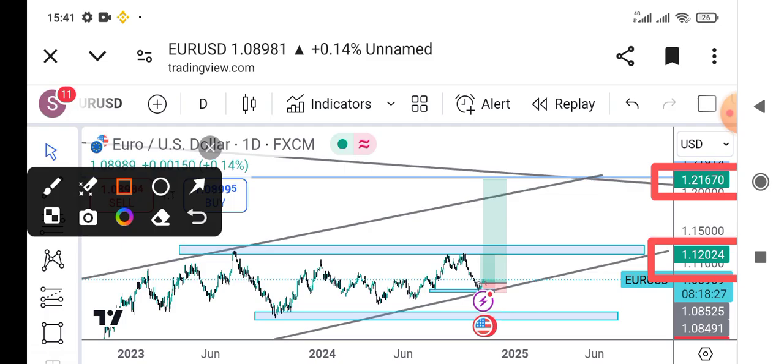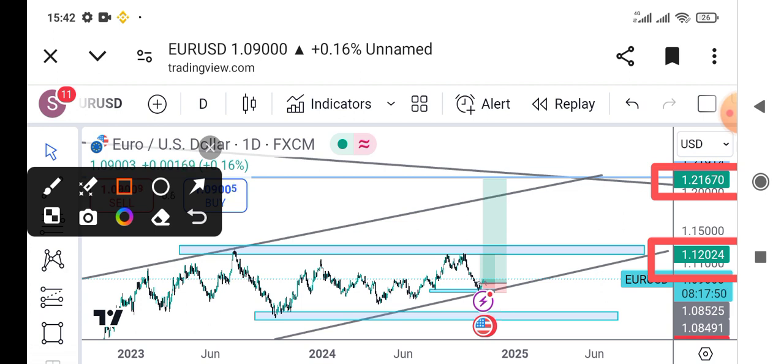This is how you're supposed to work on this market. This is how you're supposed to narrow down on this market. So I think so far people should not have difficulty in tackling this one.